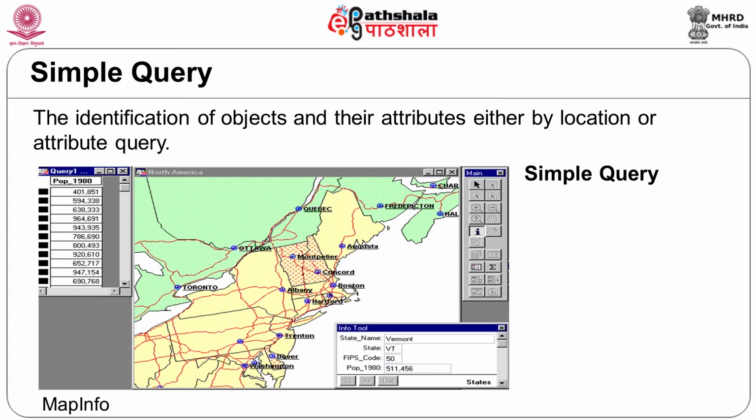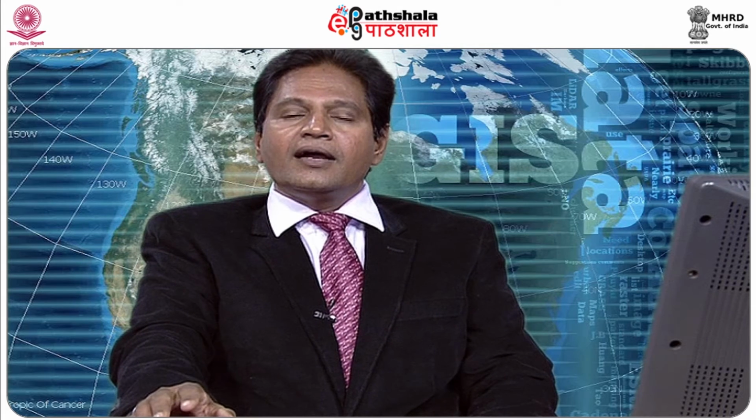indicates identifying an object and its attributes or details by location or attribute query. You give a location and ask for the detail, or give a detail and ask for the location. I think you understand that.